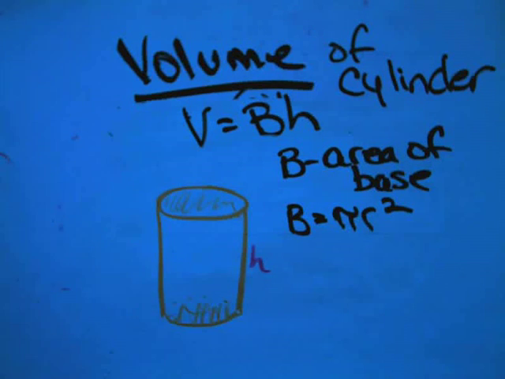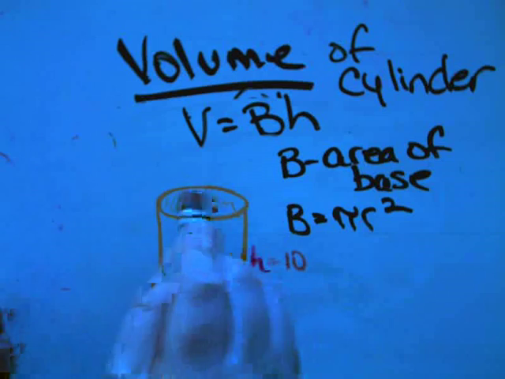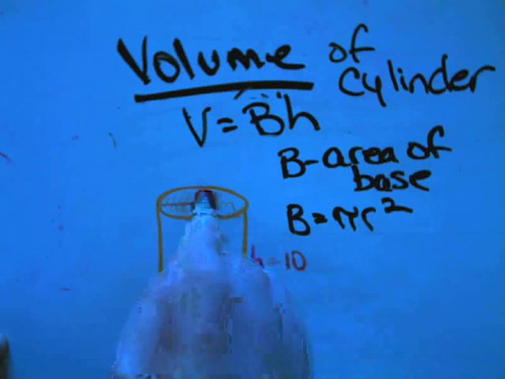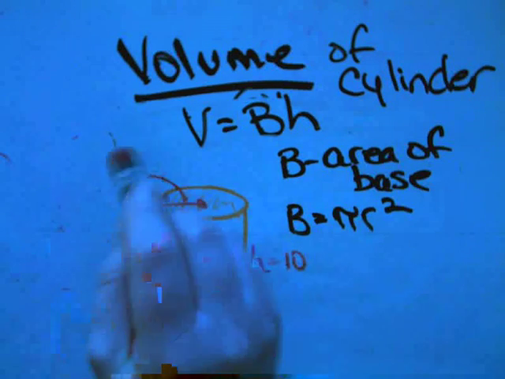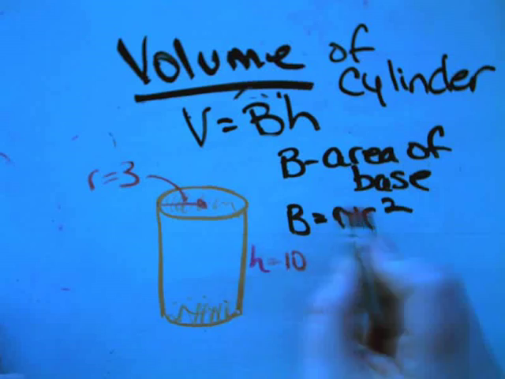Okay, so let's plug in a number for h. Let's say that h is 10. Let's give ourselves a radius of 3. And that's all the information that we need. We need the height and we need the radius. The radius equals 3. Okay, so I need to find the area of the base.